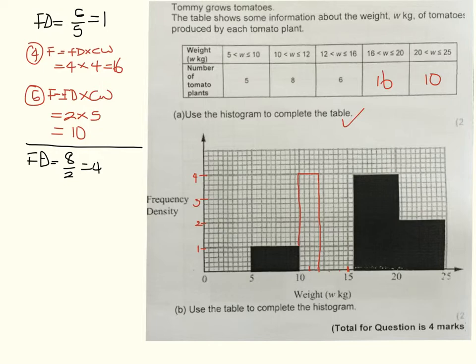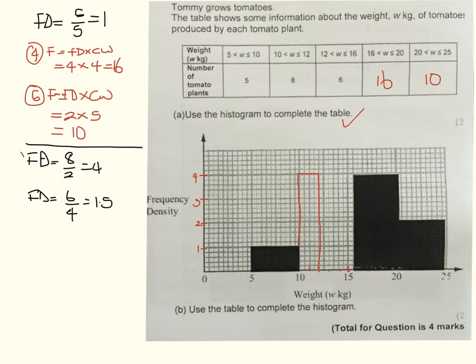The next bar that's missing is the bar that goes from 12 to 16, 12 to 16 over there. 12 to 16 is all the way up to this black one here, so that's fine. We need to calculate the frequency density. So frequency density is frequency, which is 6, divided by a class width of 4, and that's going to be 1.5.